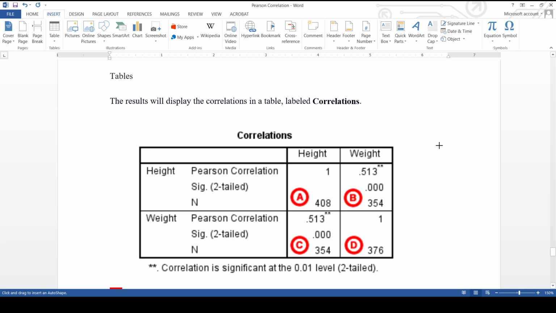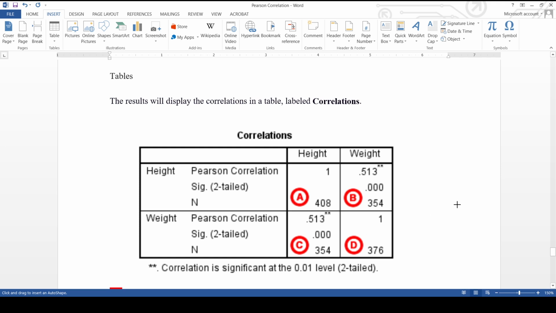Correlating height with weight gives you 0.513, and that's why the second line, where you have weight and height, is still 0.513, because it's the same correlation of height and weight. The second line, where you have a perfect 1, is correlating weight with weight, the same data.